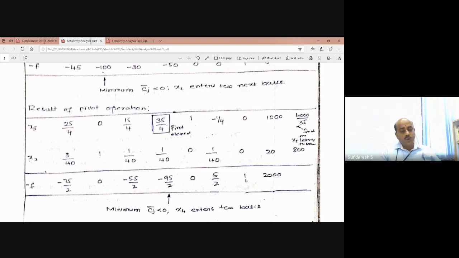This pivot operation should be carried out until the values of the cost coefficients in the last row are 0 or non-negative numbers. Until then, you have to keep on doing the pivot operation.